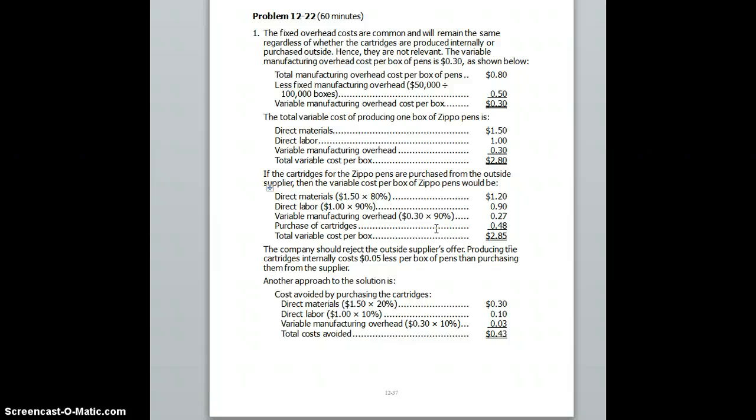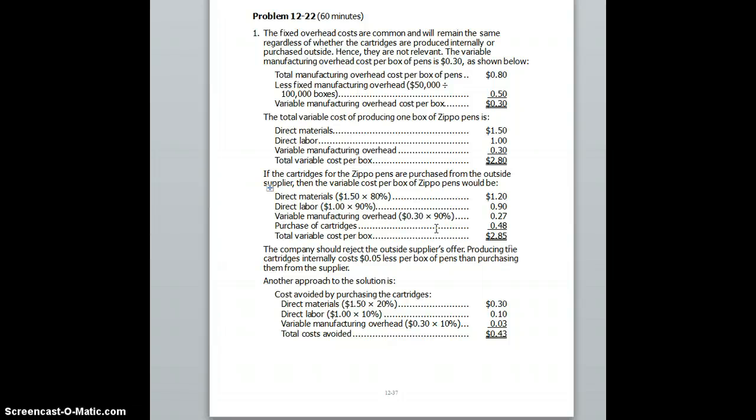In looking at this problem, we see that there are 100,000 boxes of pens that are going to be produced, and there is fixed manufacturing overhead of $50,000 for the year. If we divide that $50,000 by 100,000 boxes, we figure out that there's 50 cents per box of fixed overhead.